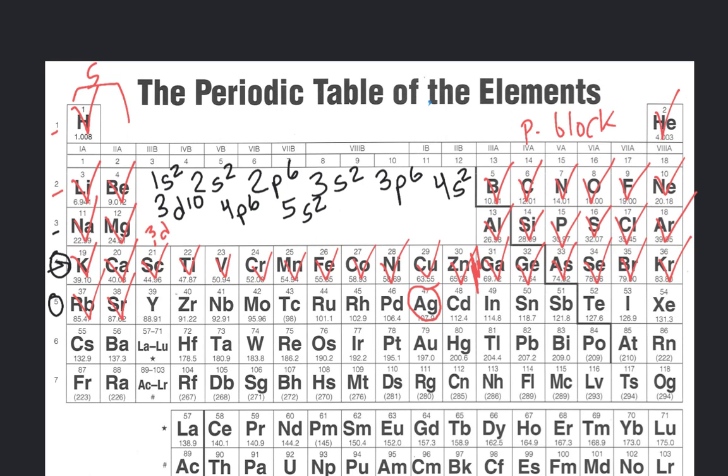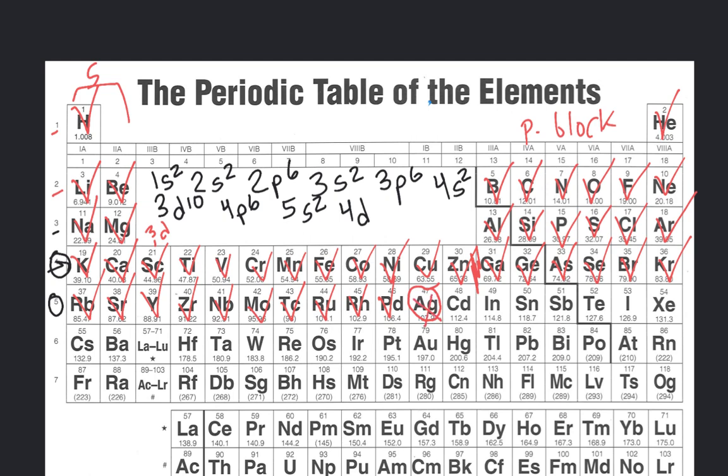Now we're getting really close to silver. So if scandium, element 21, was 3D, that's going to make this 4D because we're one below it. And then 4D1, 4D2, 4D3, 4D4, 4D5, 4D6, 4D7, 4D8, and 4D9 is silver.